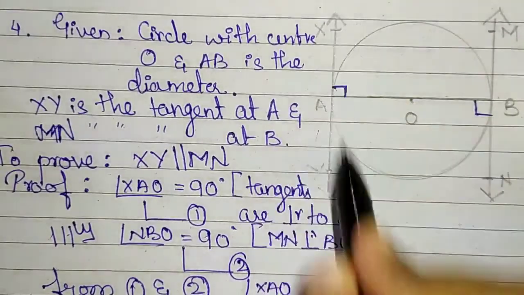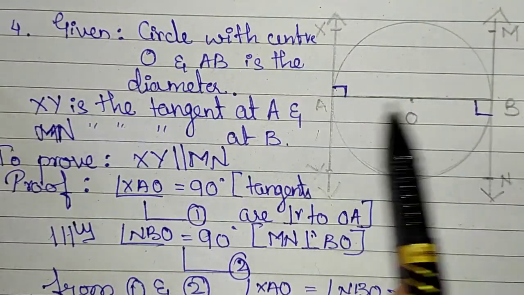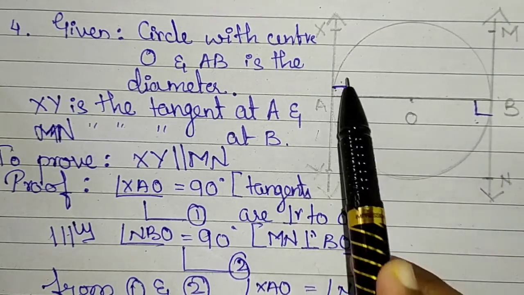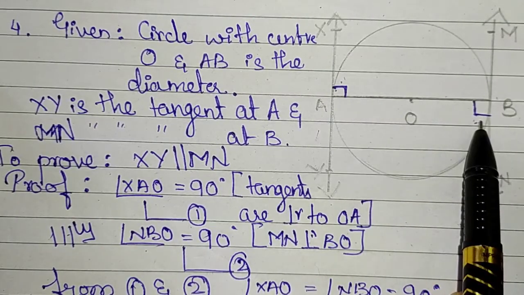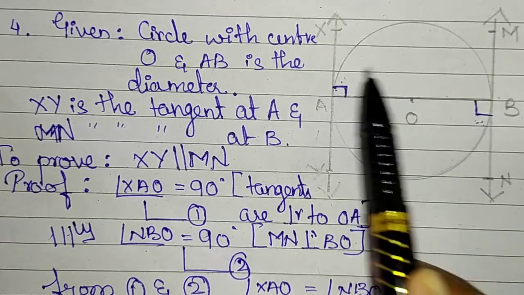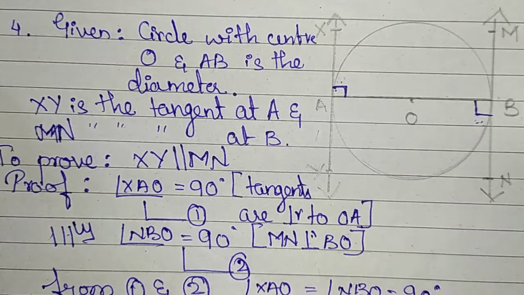So here you can see we have two lines and AB is our transversal. We get that our alternate interior angles are equal to one another. So from the properties of alternate angles, it says that if the alternate angles are equal, then the lines are parallel.